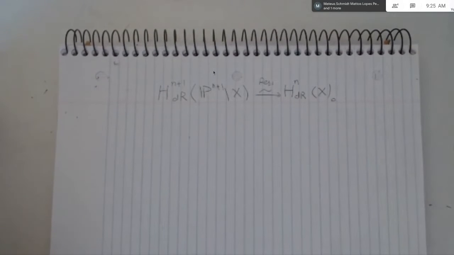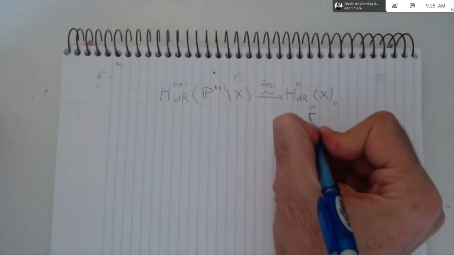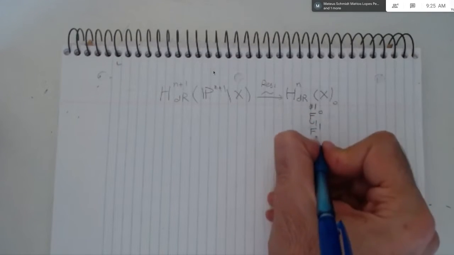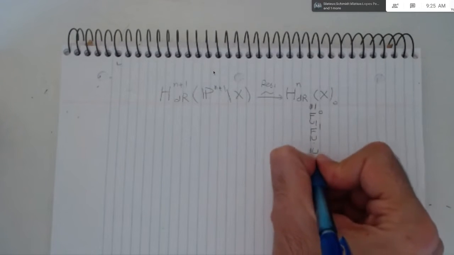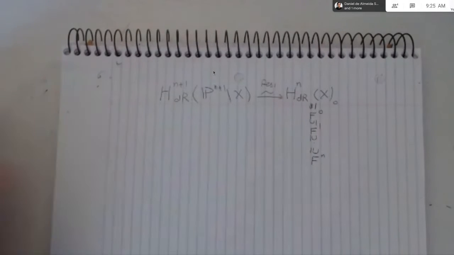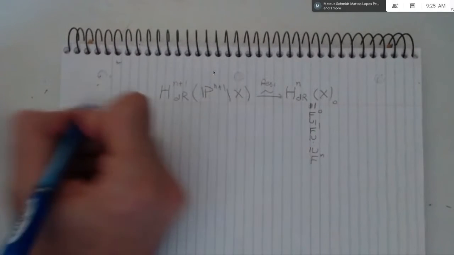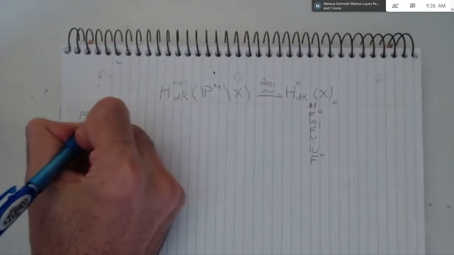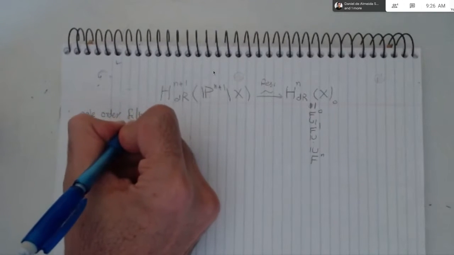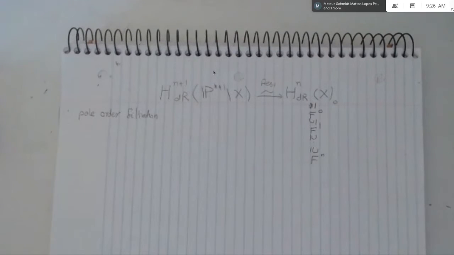So we will reach this point. Anyway, here we have a Hodge filtration F^n. But here we also have, let's say, a pole order filtration. What is this pole order filtration?